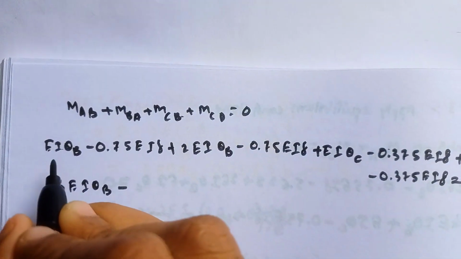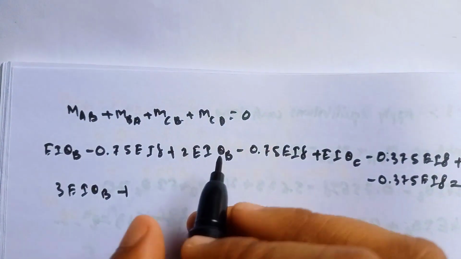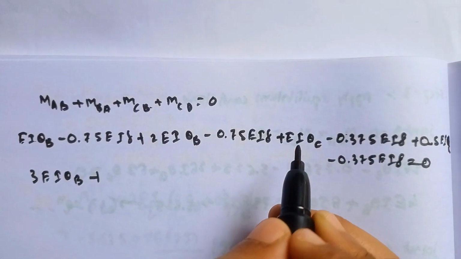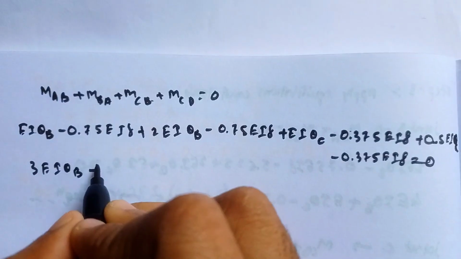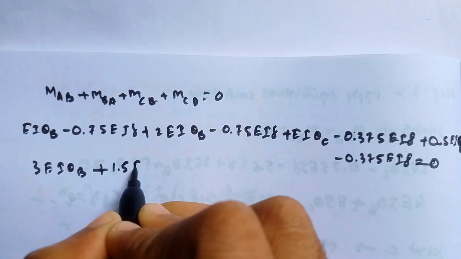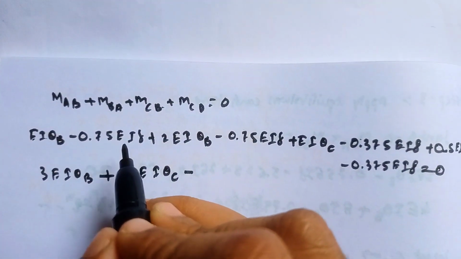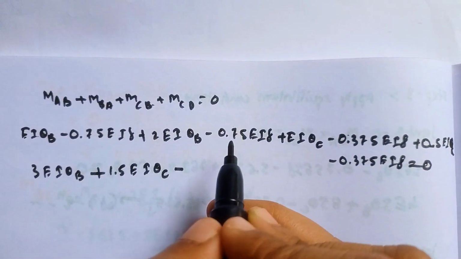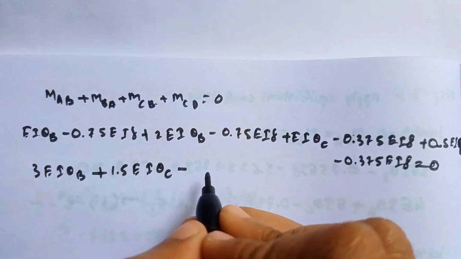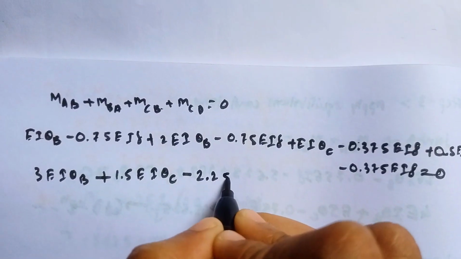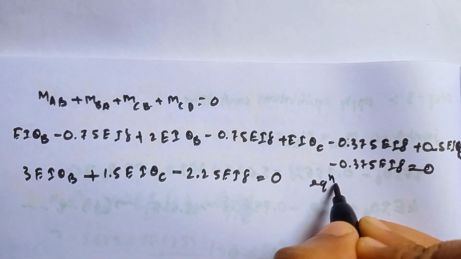Now solve it. EI theta B plus 2 EI theta B becomes 3 EI theta B, plus EI theta C and 0.5 EI theta C, adding it becomes 1.5 EI theta C. Adding all the delta terms, it comes out as minus 2.25 EI delta is equal to 0. Call it equation number 3.